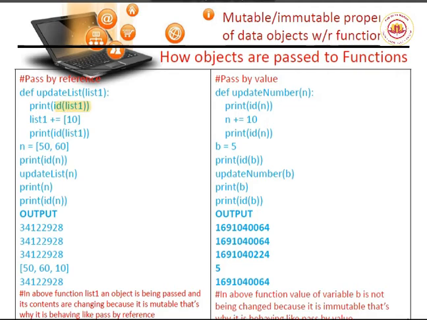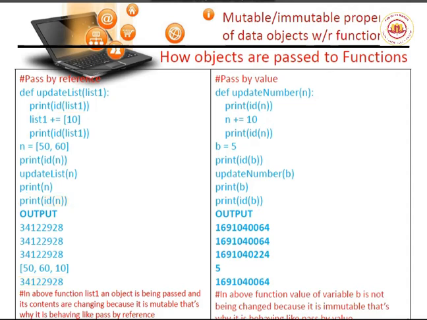If I change the list by incrementing with 10, the address still remains the same, but the value increases. If I print again, you can see that 10 has been added. The address of that list remains the same, so the address stays in the same place and only the value changes.